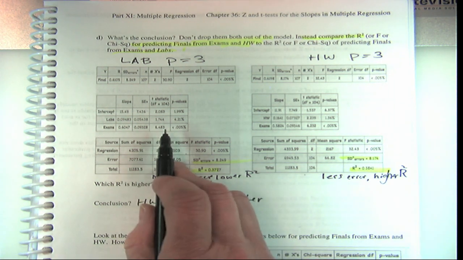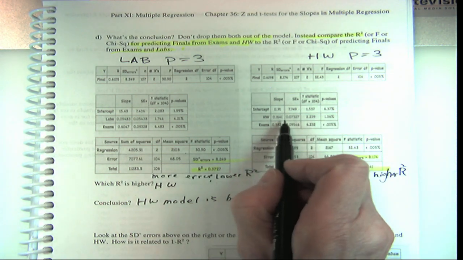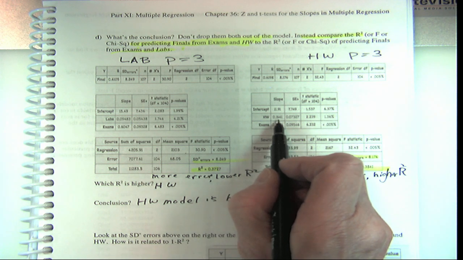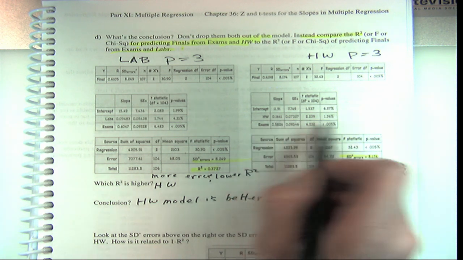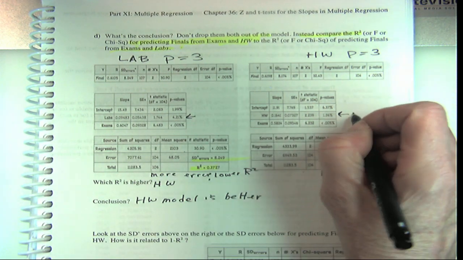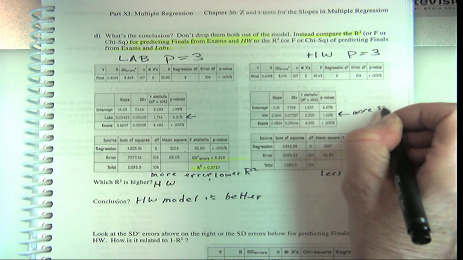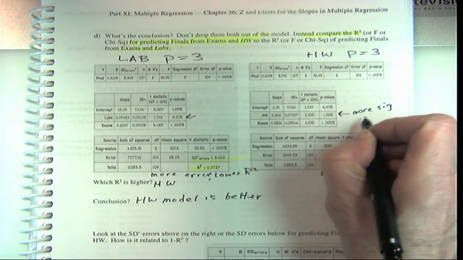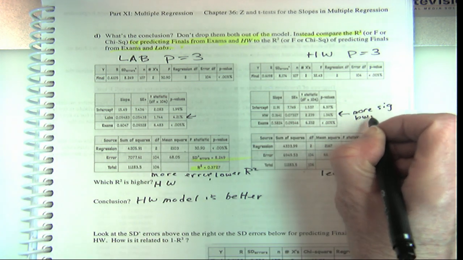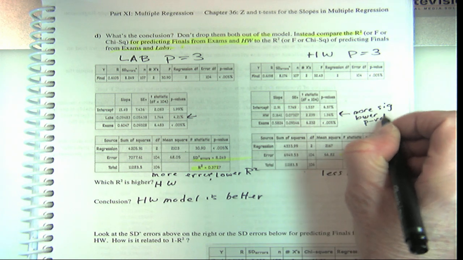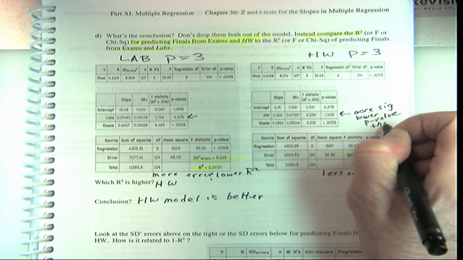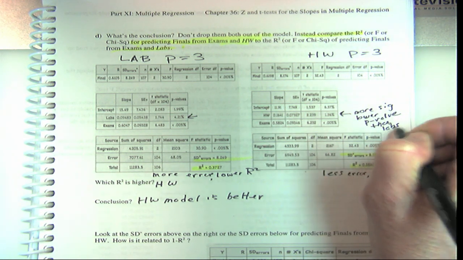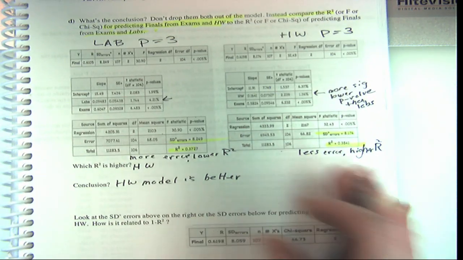And you can see that homework has a bigger slope and it's more significant. It has a lower p-value than labs.